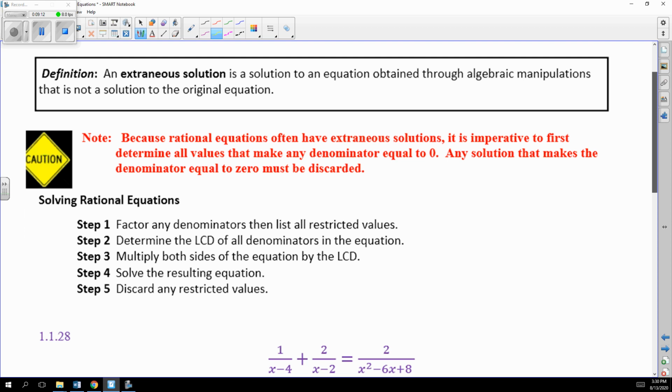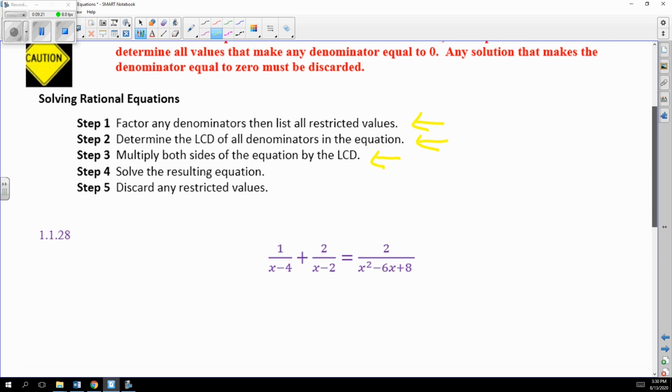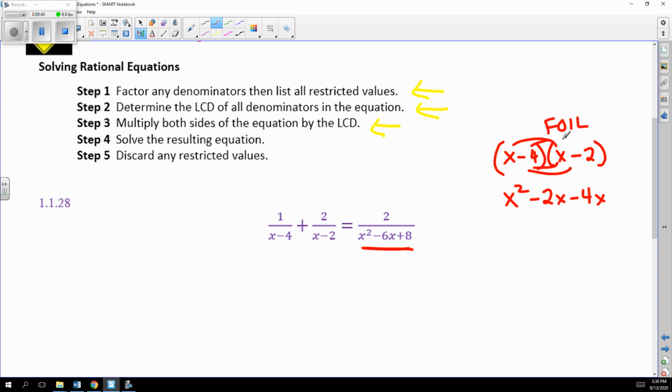And then to solve rational equations, you're going to follow these steps. You're going to factor any denominator, figure out what the LCD is, multiply through by the LCD, and then solve the result. One of the best things that you can do, if you want to check to see if x squared minus 6x plus 8 is the LCD, is take x minus 4 times x minus 2 and just FOIL it. x squared minus 2x minus 4x, and then plus 8 gives you x squared minus 6x plus 8, which actually is that denominator.